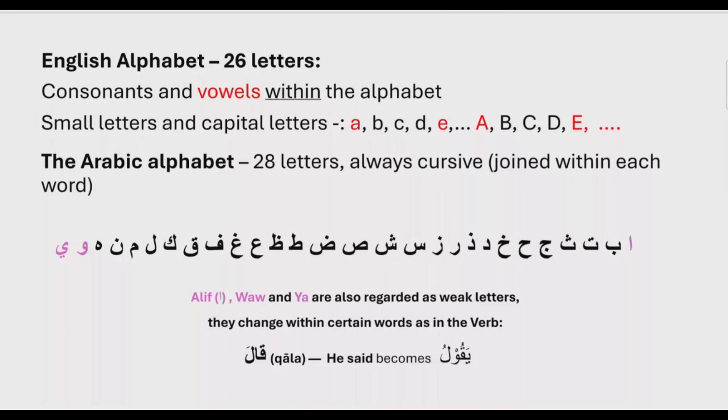and sentences. Right, the Arabic alphabet is very different. It's got 28 letters. And the one fundamental rule is that in writing Arabic, you must join whatever letters can be joined. Now, there are a few letters that you cannot join a letter to, and these are the alif, these four letters here, and then even the waw and the ya, right?